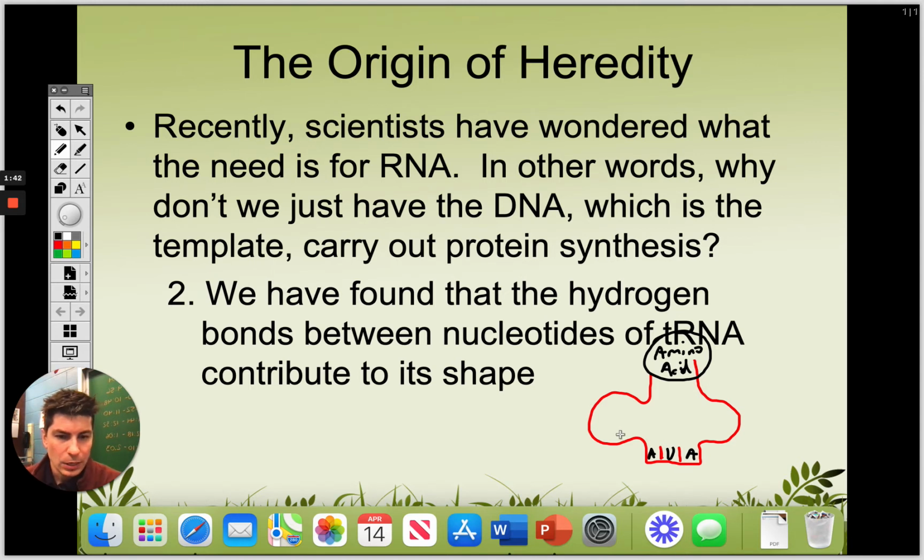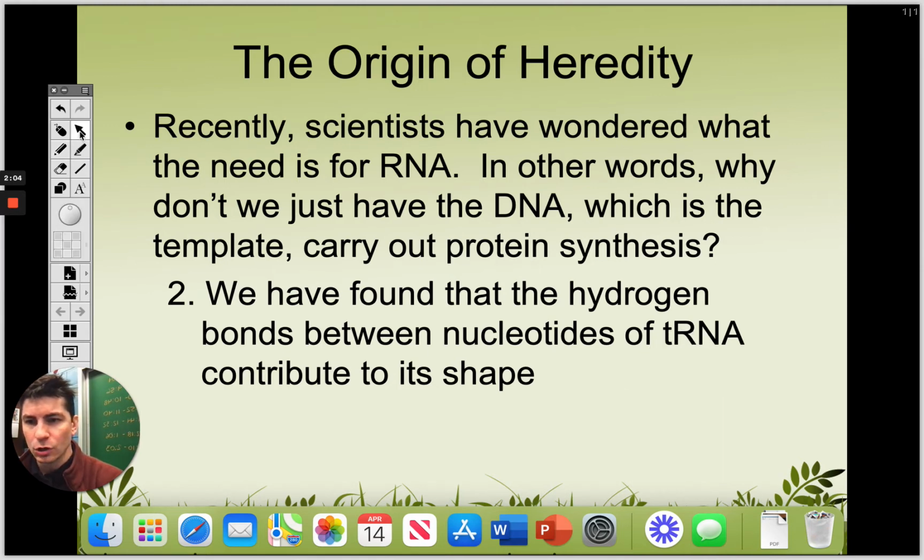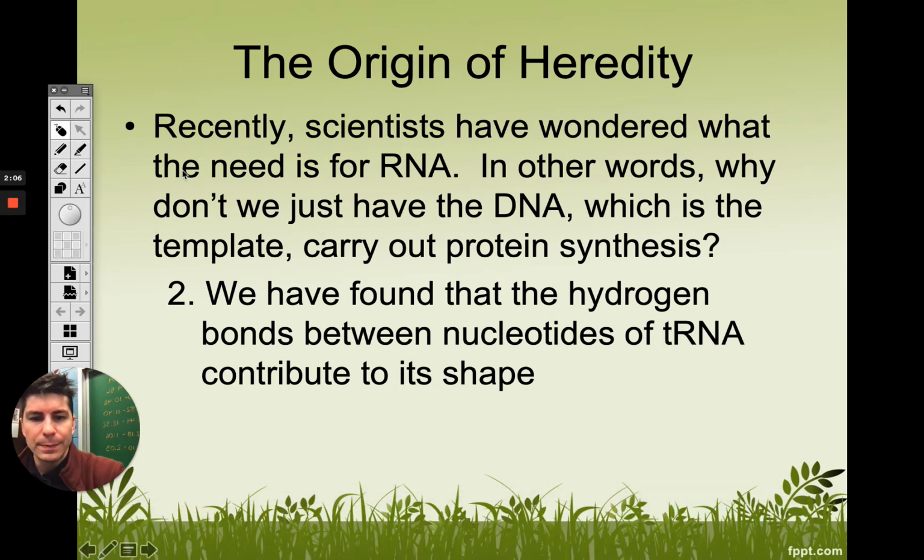is carried. But all of this stuff in here, guys, is also our RNA nucleotides. So the three nucleotides right here are not the only area where nucleotides are found in our tRNA. It's all throughout the outside as well. But if you notice, it still has this weird-looking clover shape to it.